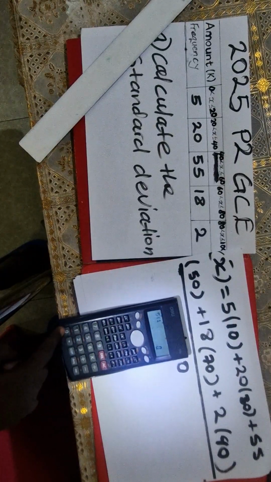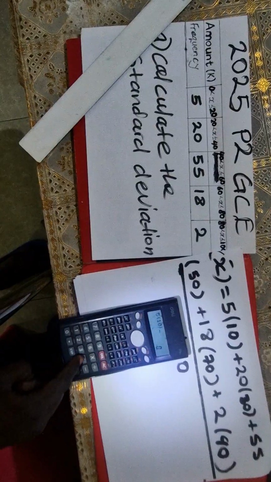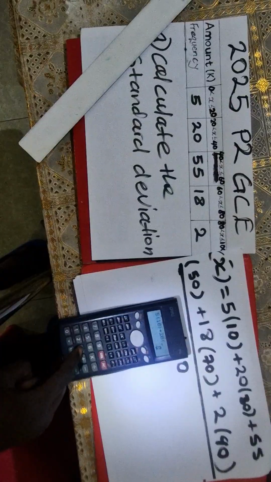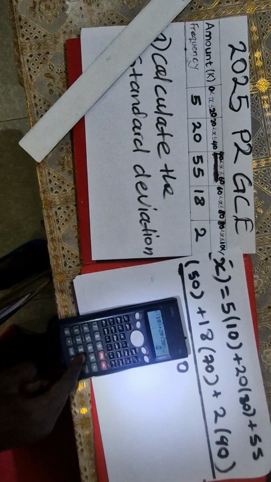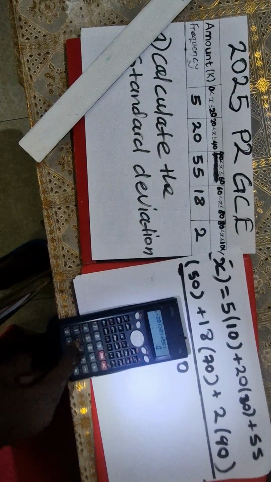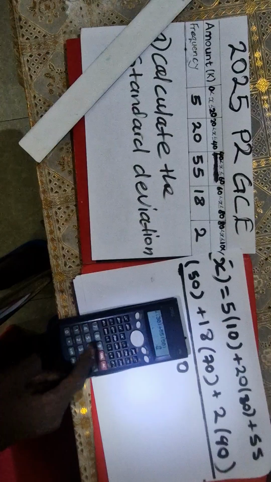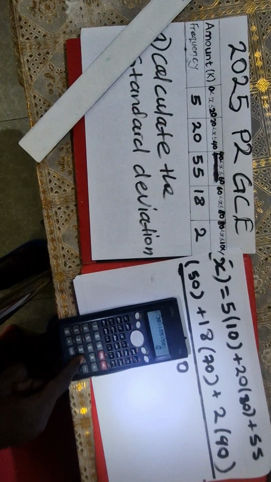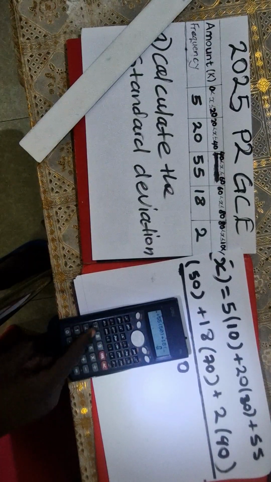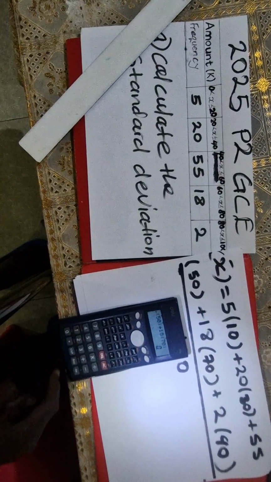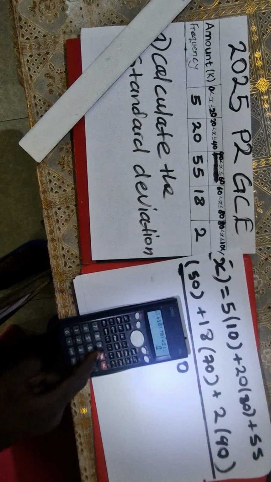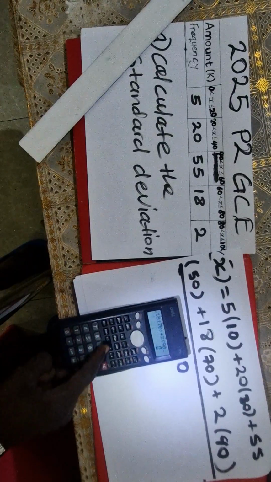5 times 10, plus 20 times 30, plus 55 times 50, plus 18 times 70, plus 2 times 90.